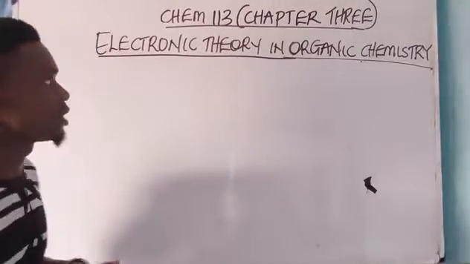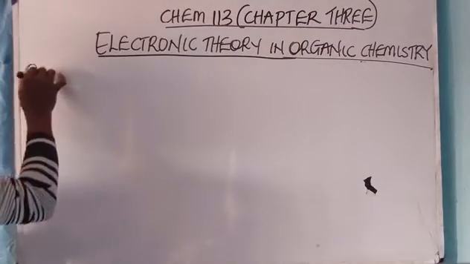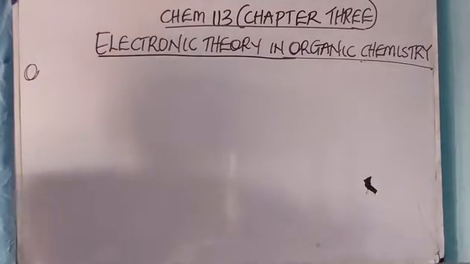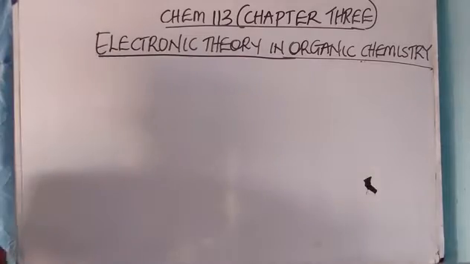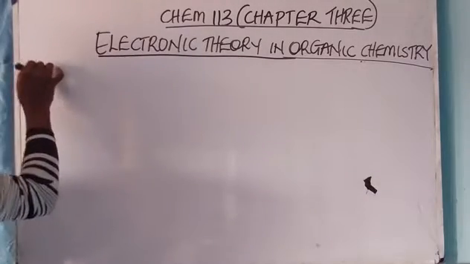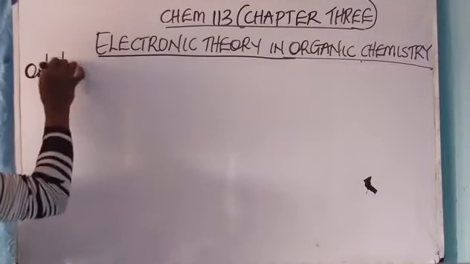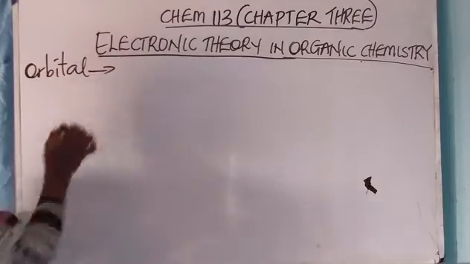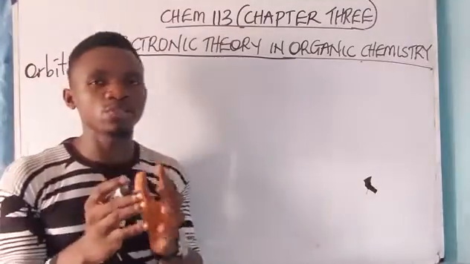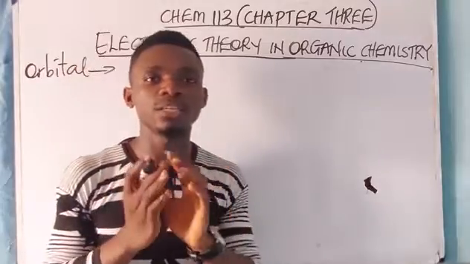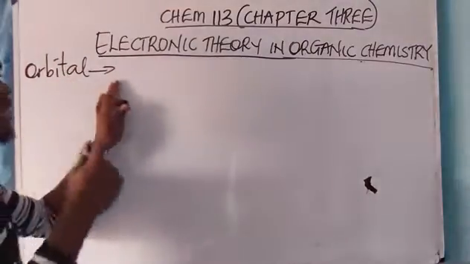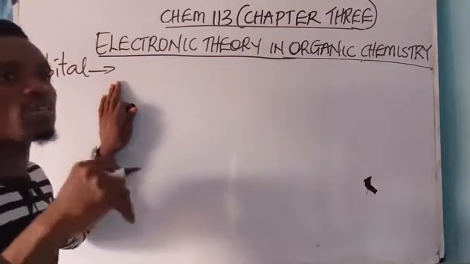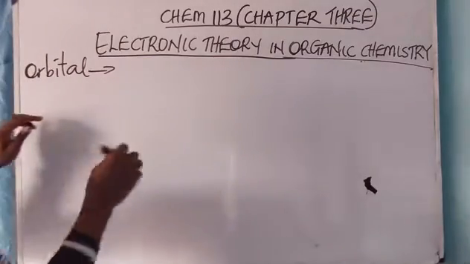What is an orbital? An orbital is a region of space where there's a high possibility of locating dash.